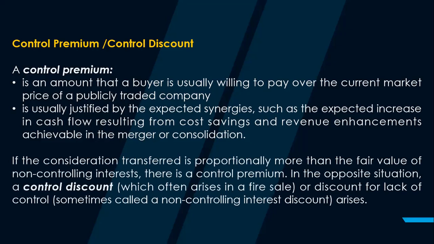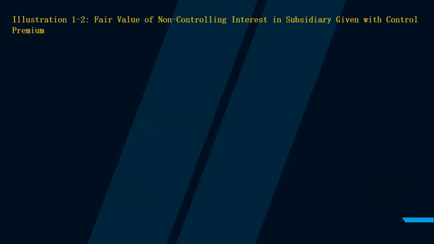If the consideration transferred is proportionally more than the fair value of the non-controlling interest, there is a control premium. In the opposite situation, a control discount, which often arises in a fire sale or discount for lack of control, sometimes called a non-controlling interest discount, arises.